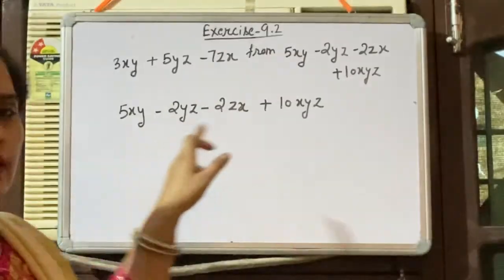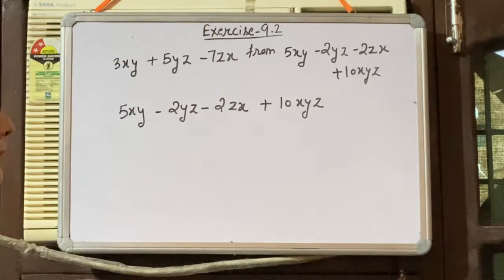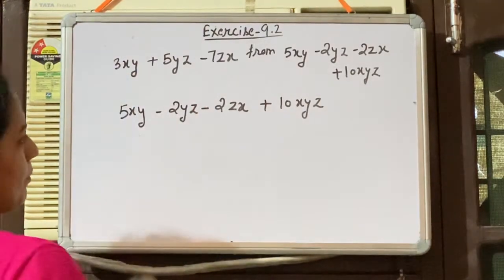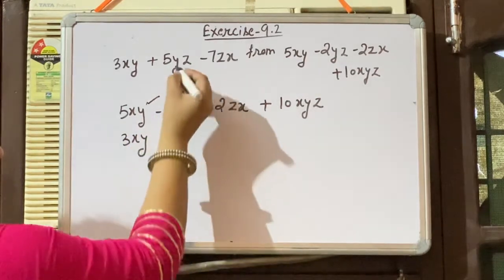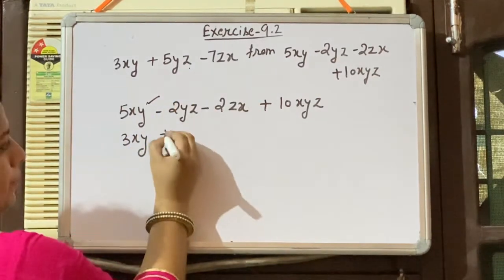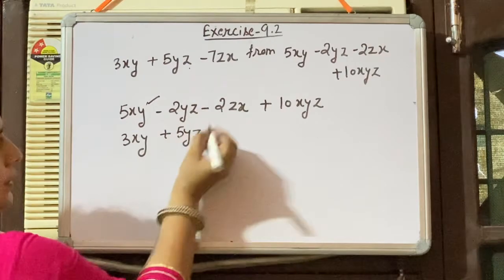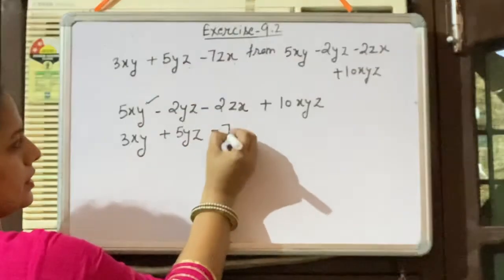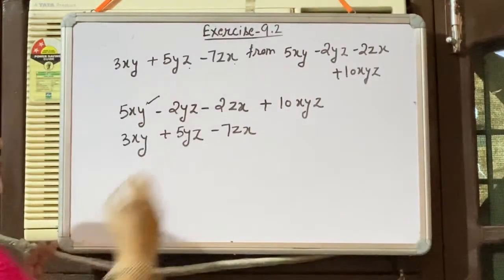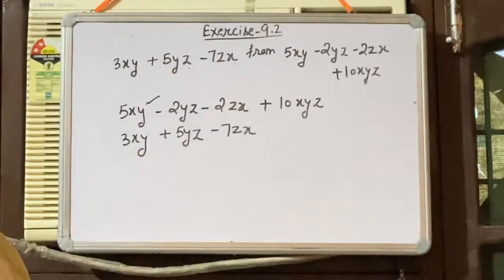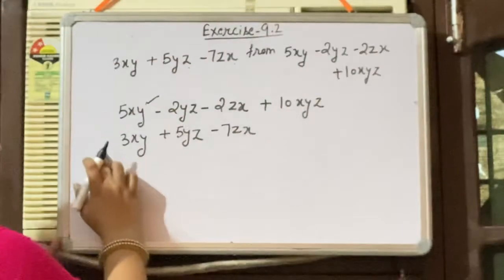This in the second row, but below the like terms. 3xy, this is of the xy term, 3xy. 5yz below the yz term. zx, 7zx. And in the third row, write the opposite signs of the second algebraic expression.